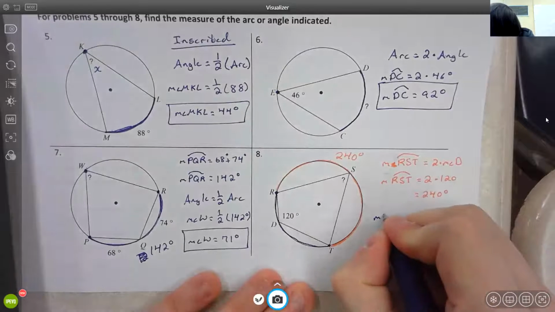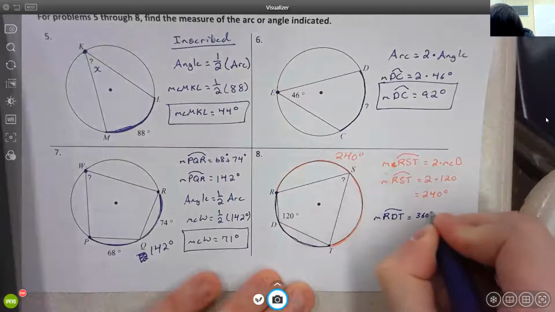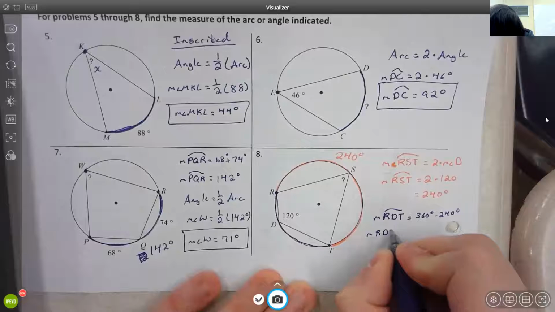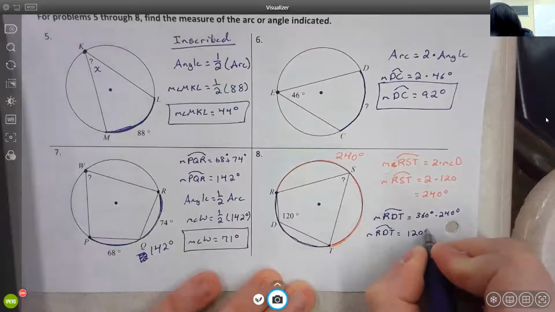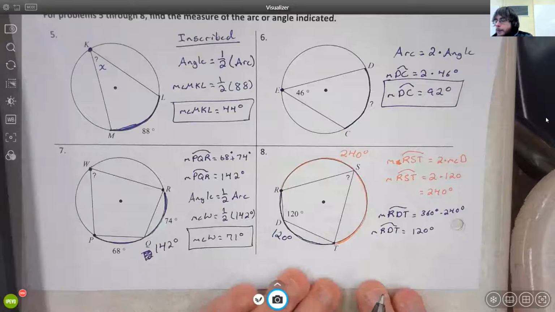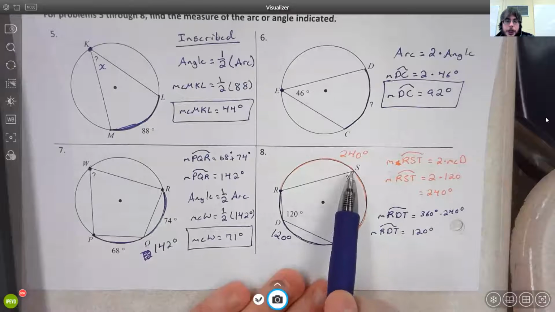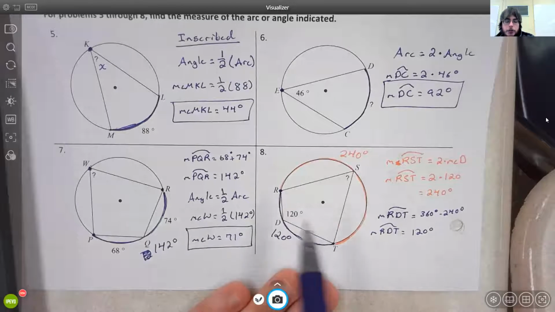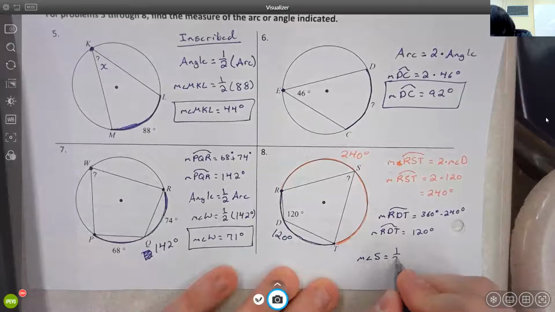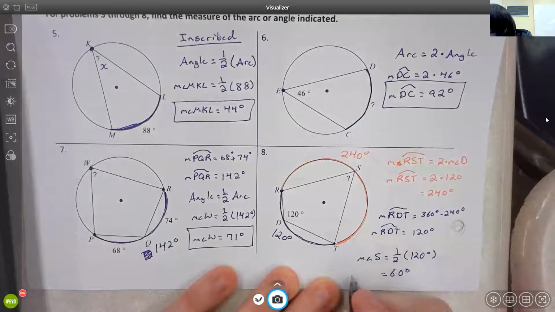So the measure of RDT has to be equal to 360 minus 240, which in this case is 120 degrees. Now we know that angle S is an inscribed angle with an intercepted arc measure of 120. So the measure of angle S is 1/2 of 120, which is 60 degrees.